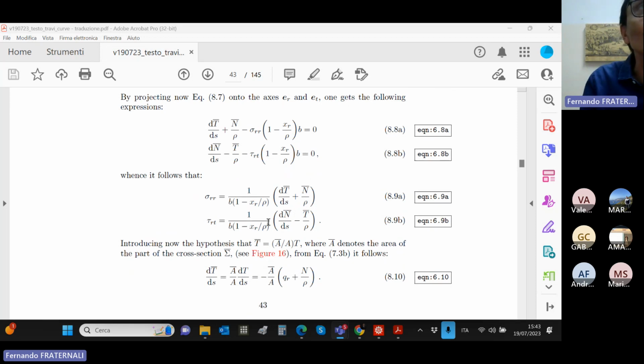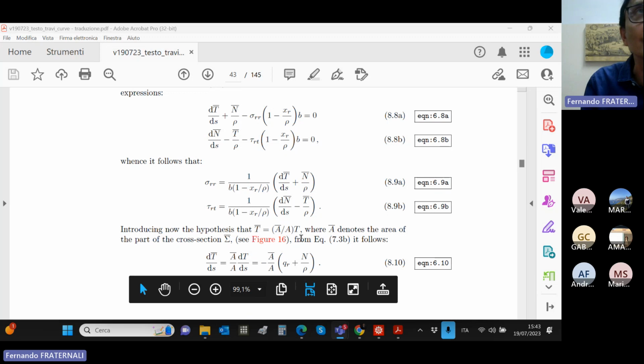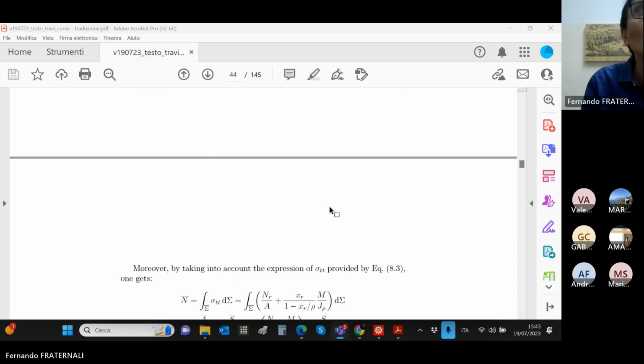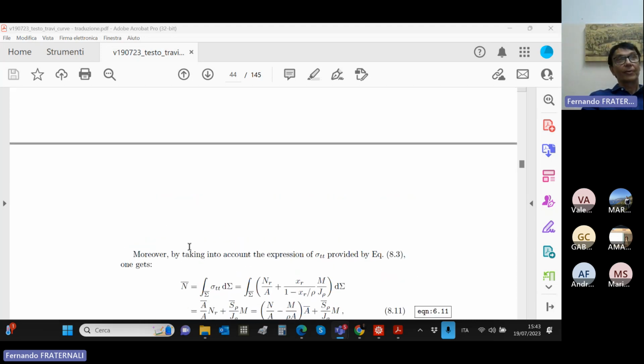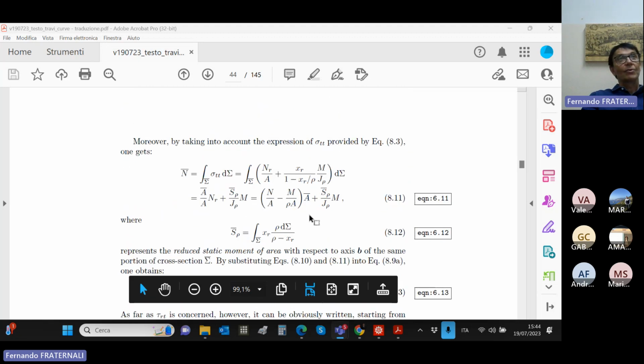Now we have to compute this dT over ds and the N, and we obtain them by the equilibrium equations of the beam, assuming that T bar is A bar times T, and so we obtain this expression for dT bar over ds. For N bar, we use the generalized Navier formula.